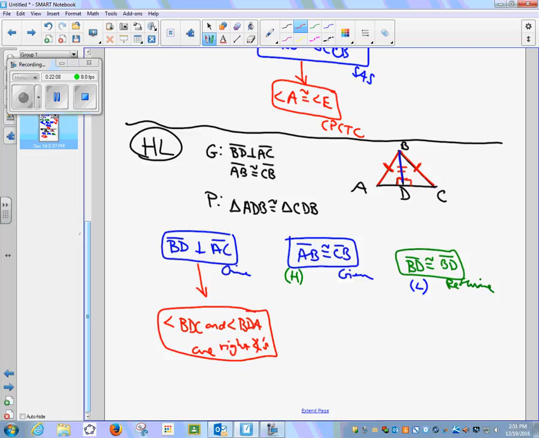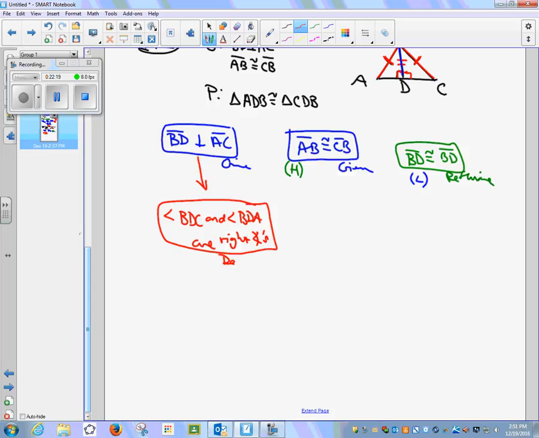How did we know to mark those right angles? What was our clue? What word was the clue? Yeah, perpendicular. So the reason for this statement is definition of perpendicular. Still not ready. And this is the piece that everybody seemed to miss. Now we have to actually state that these two triangles are right triangles.